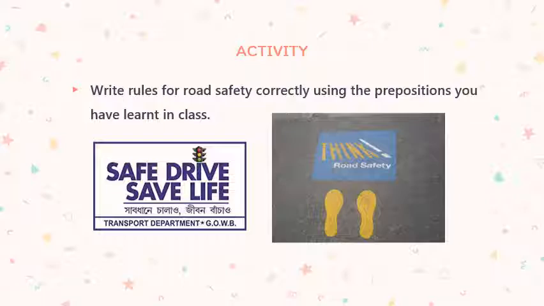Tell me, children, have you seen the slogan around Calcutta at the back of buses and public transport, or even at street signals? Yes, this is a very popular slogan. Safe drive, save life. You can also share the rules that you've written with us teachers.